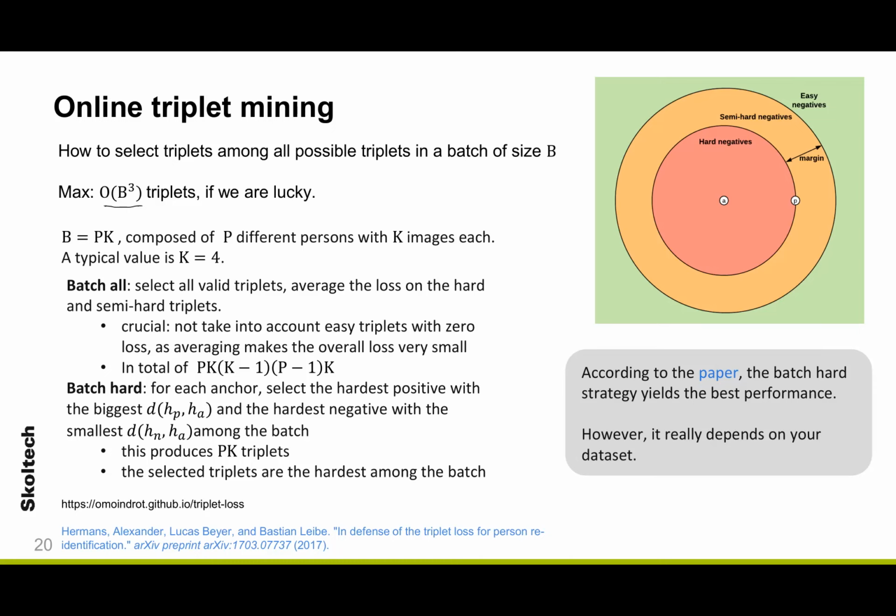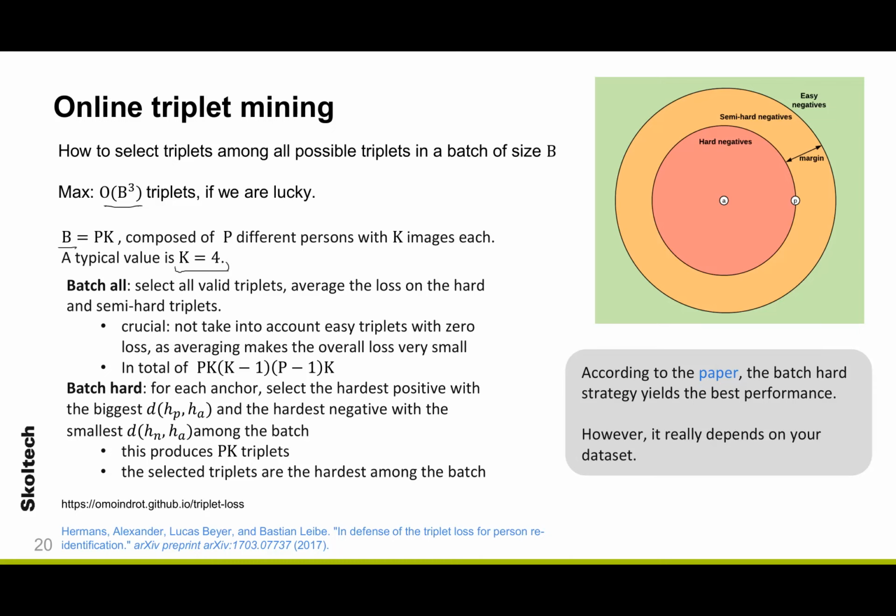But let's consider a realistic scenario for face recognition: a batch B consists of P different persons, and for each person we have K distinct images. Typical value that's used in practice for K is 4. So basically we have B equal to P times K. And basic approach is to select all valid triplets and average the loss on the hard and semi-hard triplets.